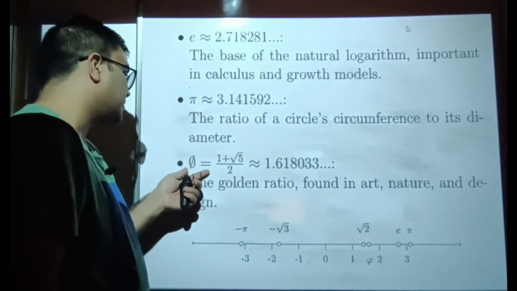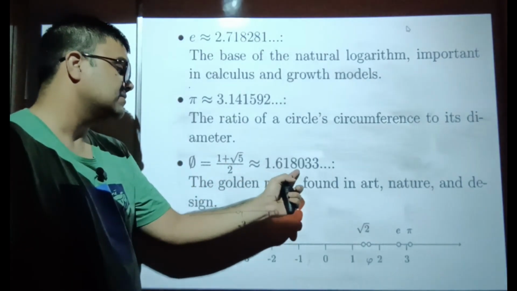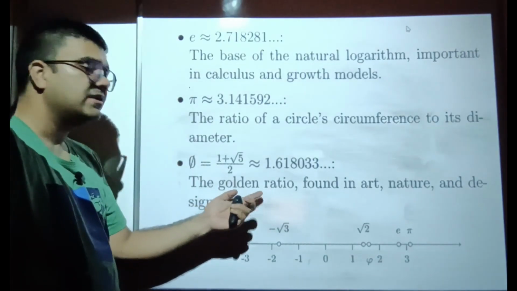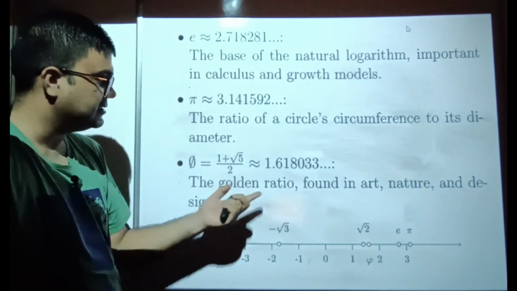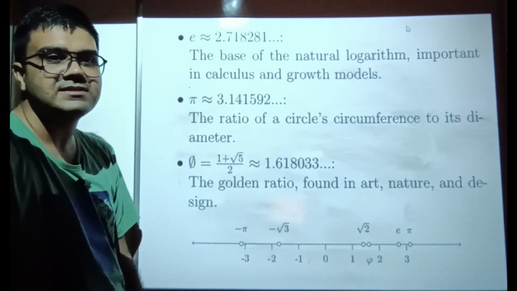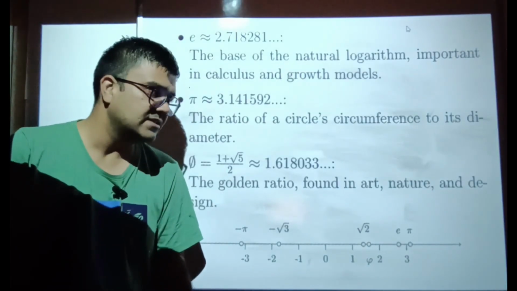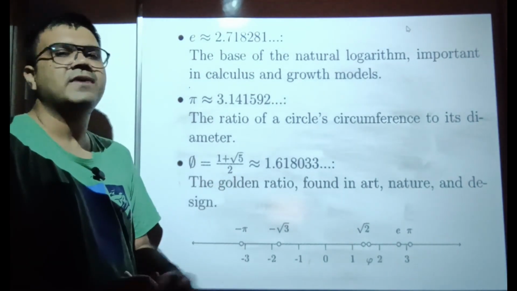This is the golden ratio we are talking about. Its value is (1 plus square root 5) by 2, which is 1.618033. You can try to find several examples related to the golden ratio. This is an interesting number that is used in art and in nature. It is all about symmetry, so you can just search this number and you will find several examples.